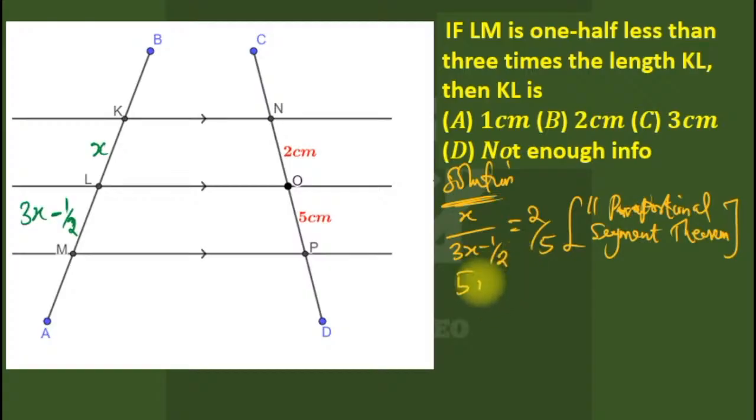This is 5x, this is 6x minus 1. You see that 1 is equal to x. KL is x, so the answer is 1, option A. It's a tricky one.